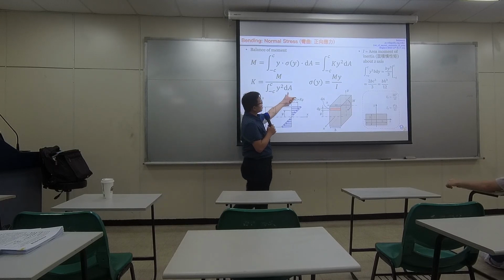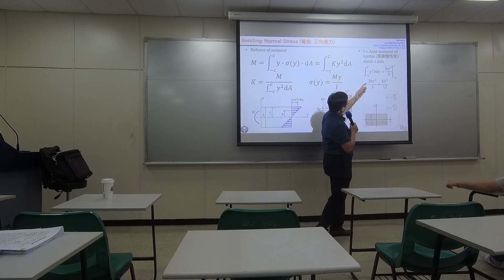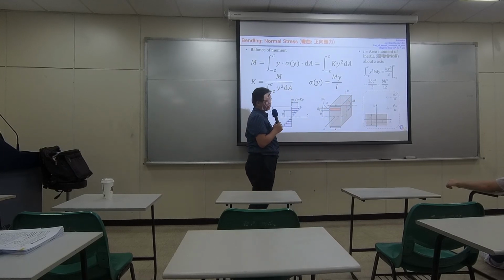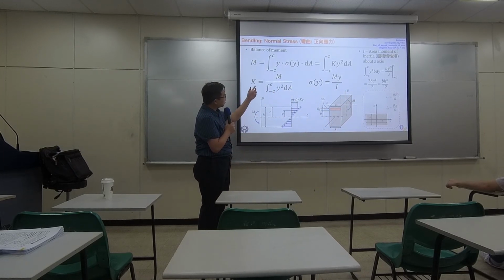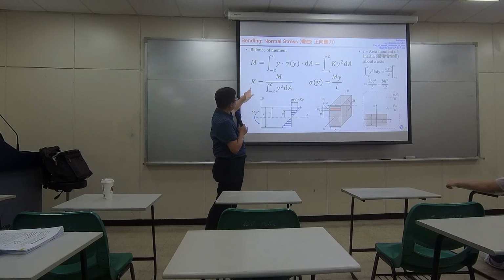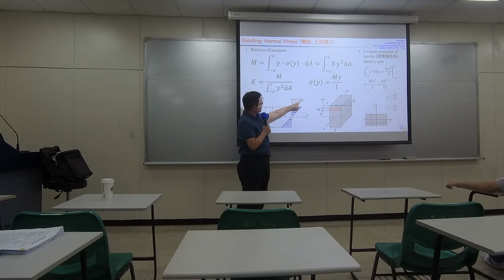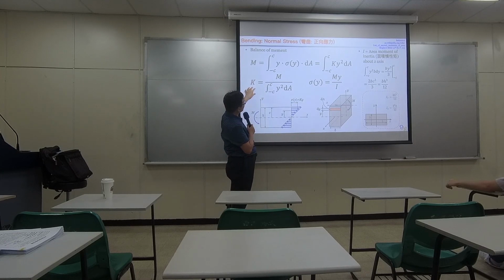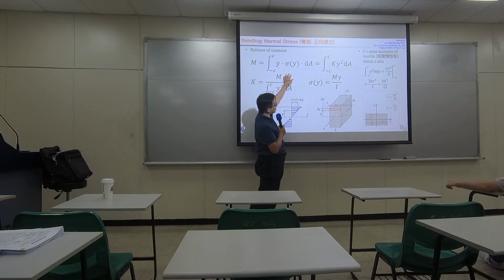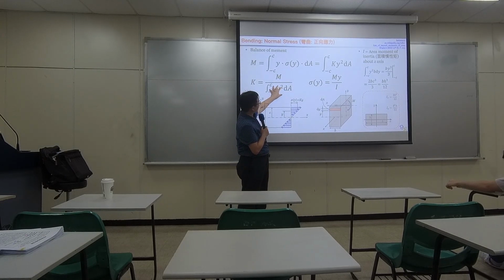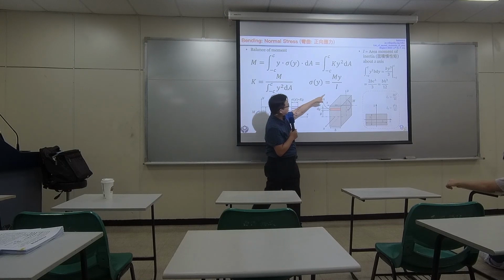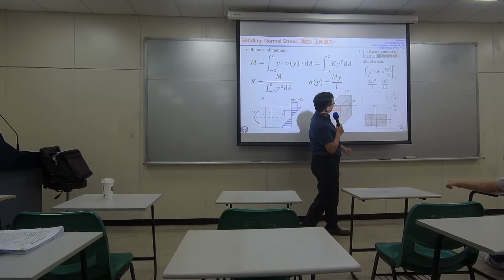And this is exactly the calculation of area moment of inertia. Because k equals sigma over y, you can have sigma on your left-hand side, move your y to the right-hand side, and replace this complex calculation by I, the area moment of inertia.